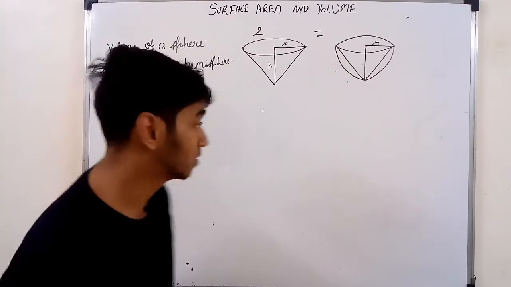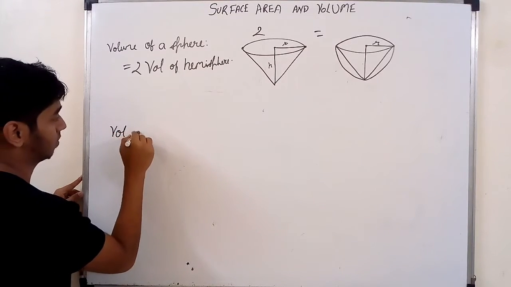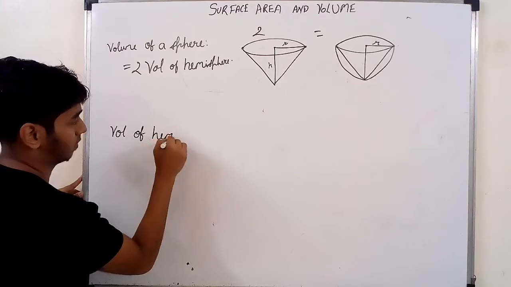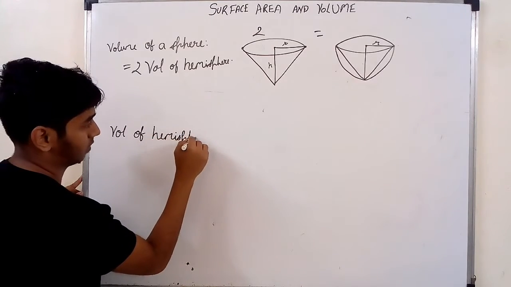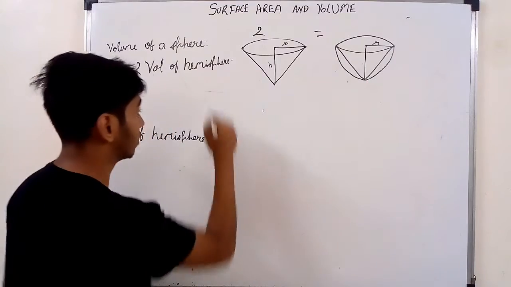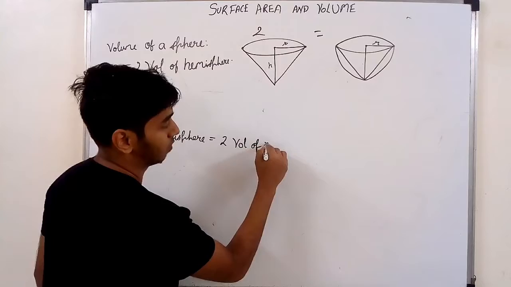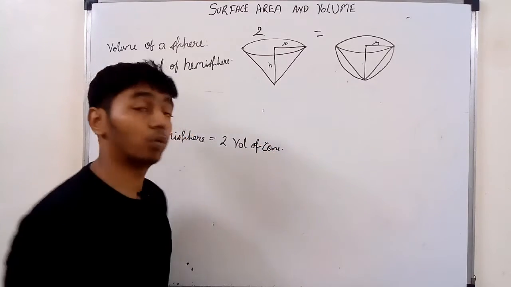I hope you get this. So the volume of hemisphere is equal to 2 times the volume of cone.